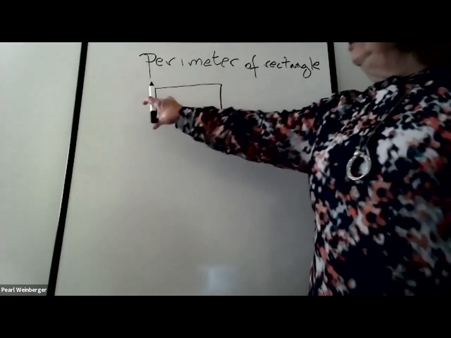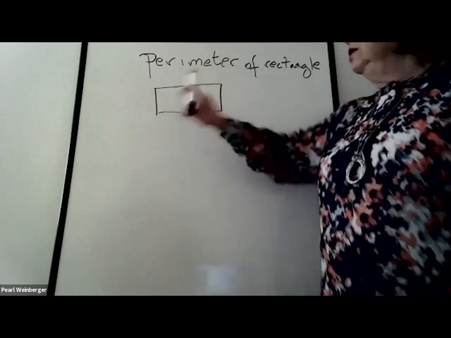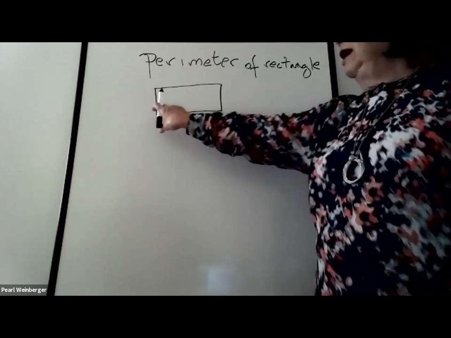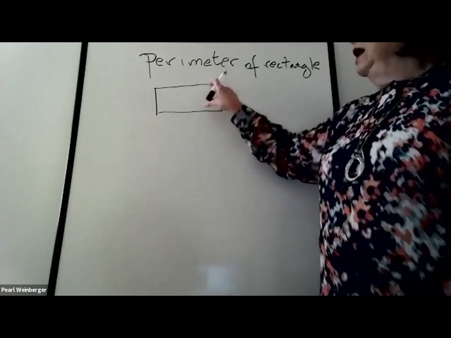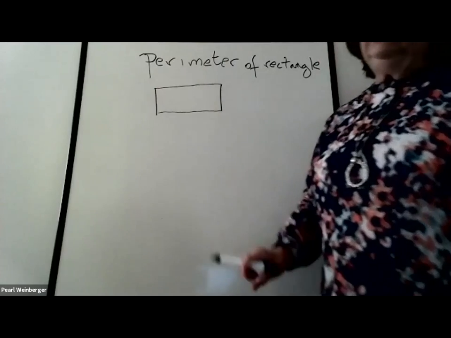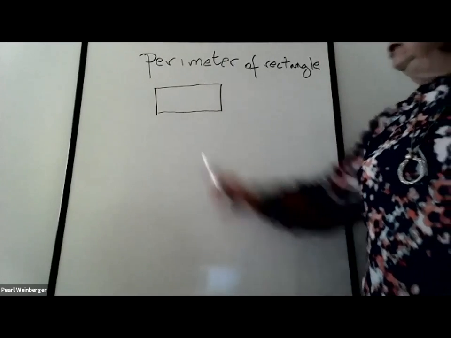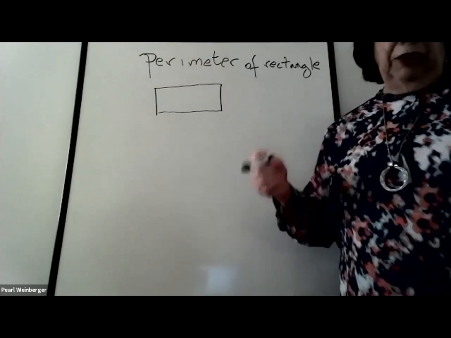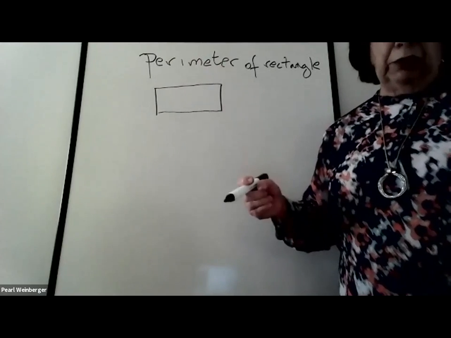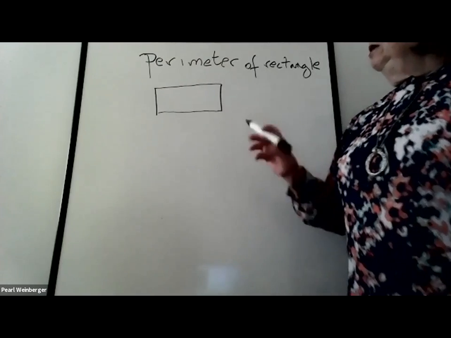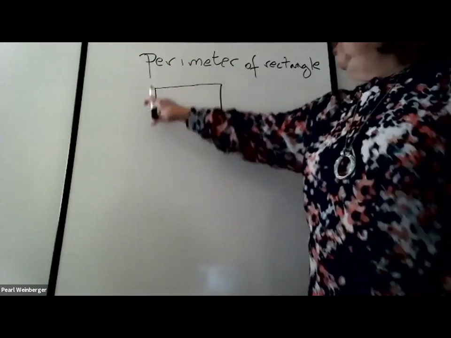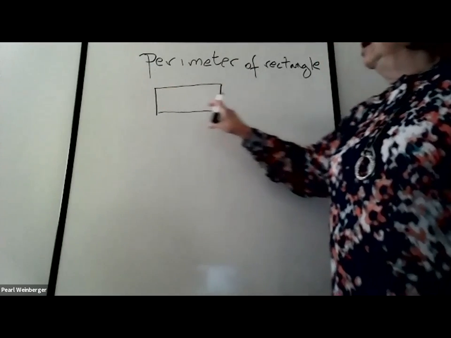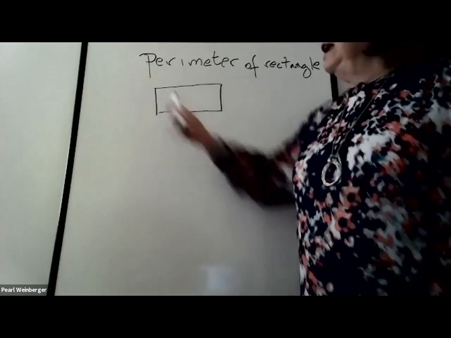In a rectangle, we have 4 sides. The 2 pairs of opposite sides are equal, and the angles that we have are all what we call 90-degree or right angles. We have these square corners. If all 4 sides are the same, it's a special type of rectangle called a square. The perimeter means the total amount of all the sides added up.